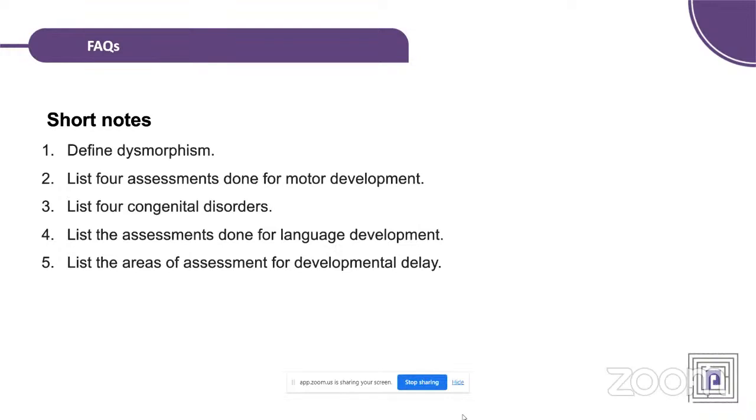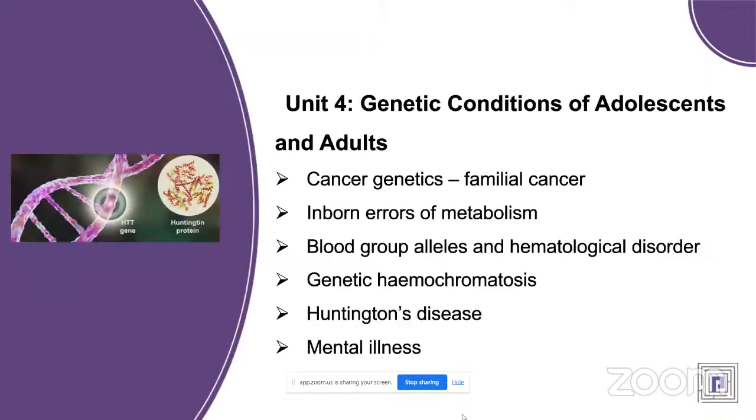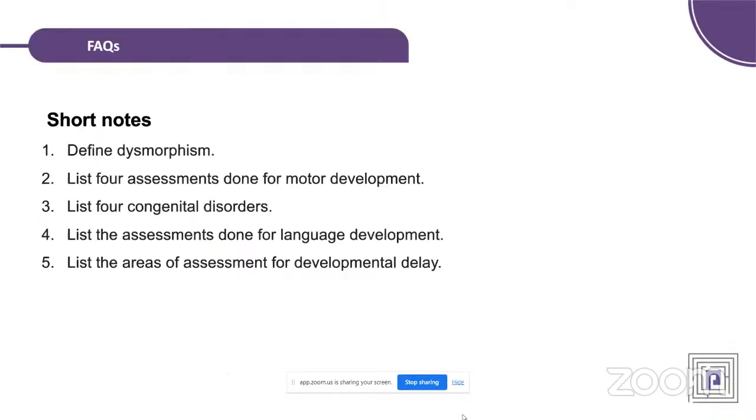List four assessments done for motor development in infants. For motor development, at 3 months the baby's neck will be stable, and there are some assessments where at 1 year, and the children should walk upstairs, and in the second year downstairs, and in the fourth year they should be able to hop.